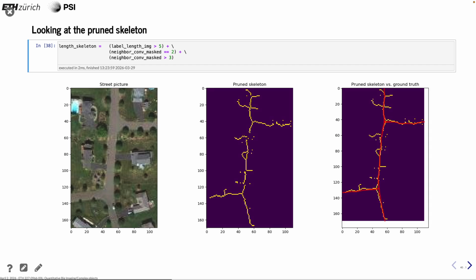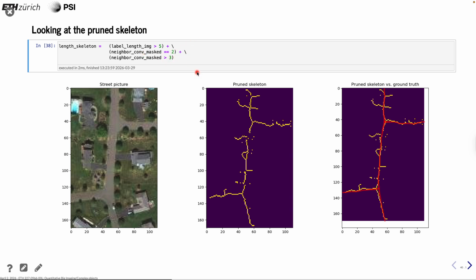So let's look at the pruned skeleton. We can see that if the label length is greater than 5 and the object is, let's see, these are the junctions, and then we have the line element.